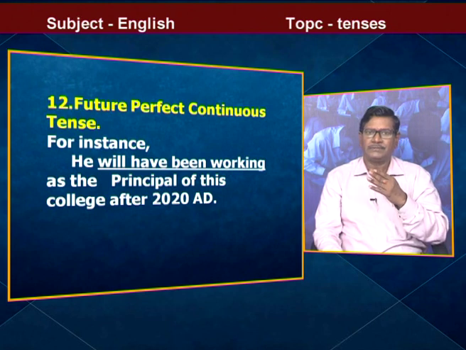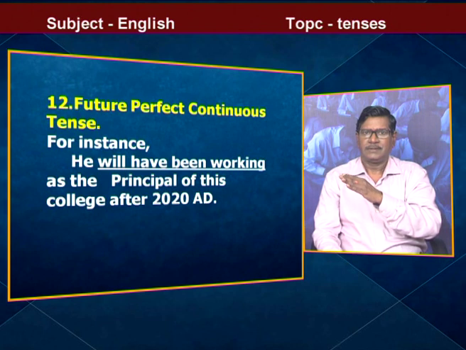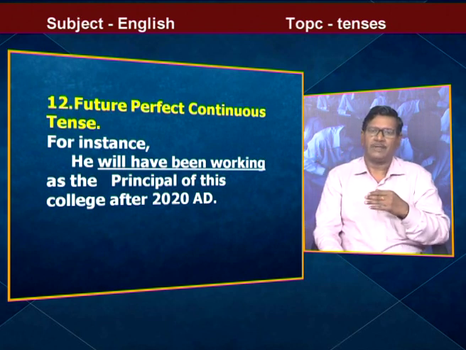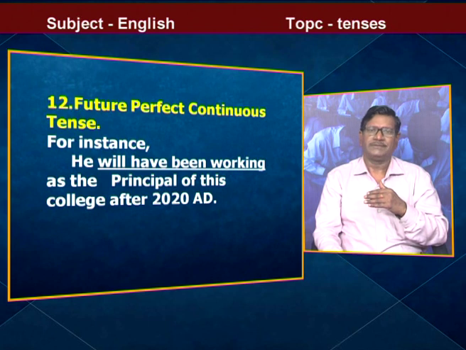So, sometime in future the action will start and will continue for some time in future. In such case, we have to use future perfect continuous. So, that way future perfect continuous tense can be used.